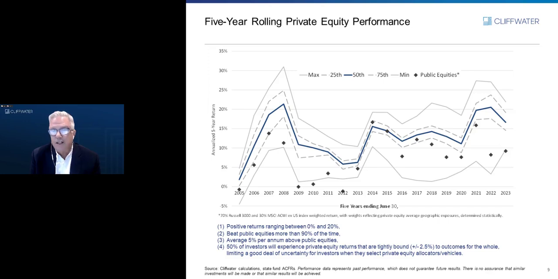capital formation in private companies has to be distributed to the investors. They're not evergreen. Private equity firms generally are not evergreen, at least during the time that private equity sponsors are owners.